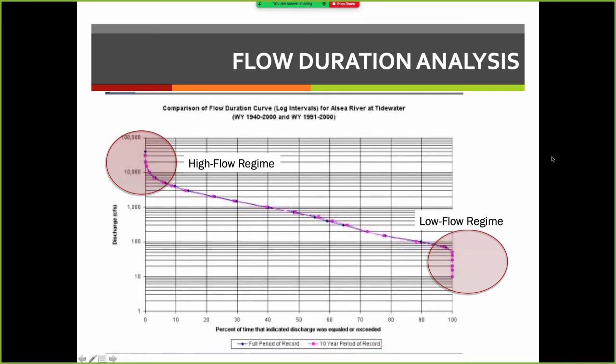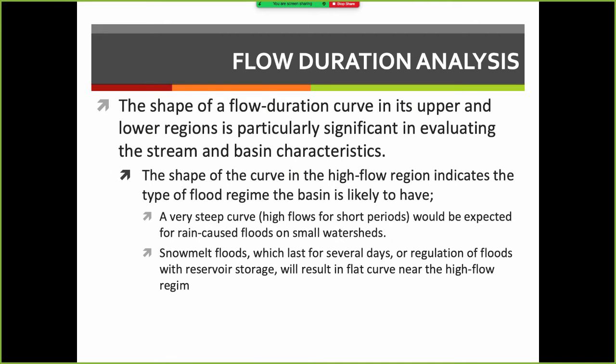Actually did pretty good in the high flow regime. And that is possibly changes over time. The shape of those upper and lower regions is pretty significant in evaluating and interpreting the stream and basic characteristics.